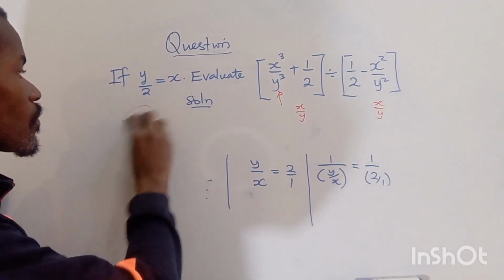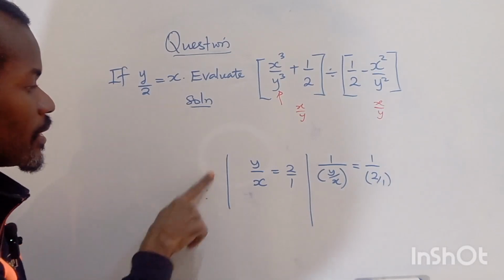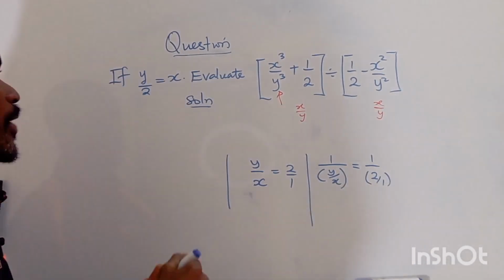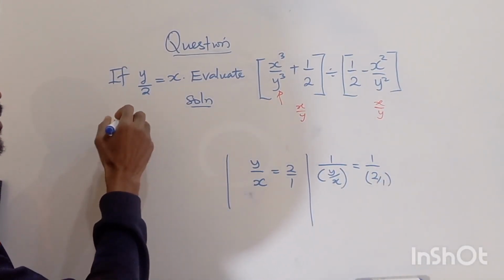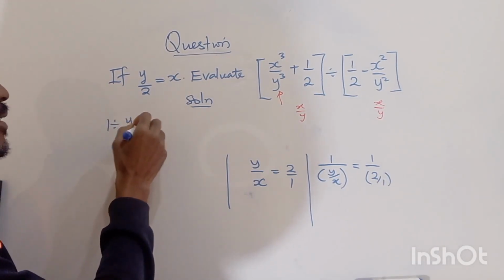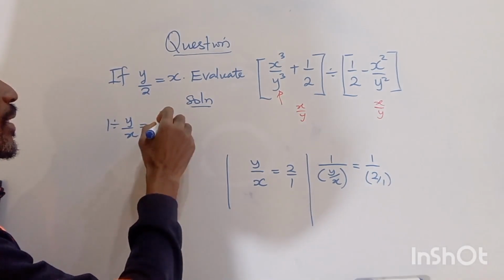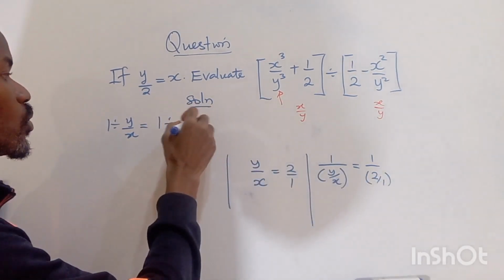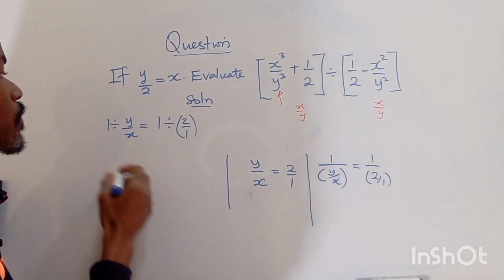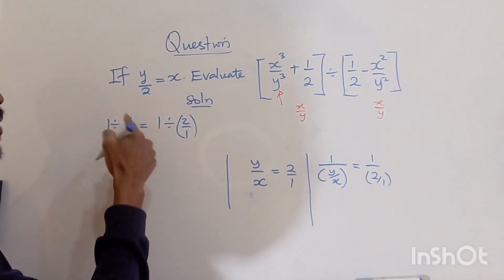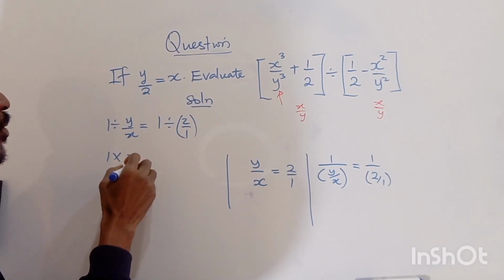So we are going to get, okay, let's solve this. So we have 1 divided by y over x, and 1 divided by 2 over 1. So this is going to be 1 times, we are going to reciprocate this, which is x over y.